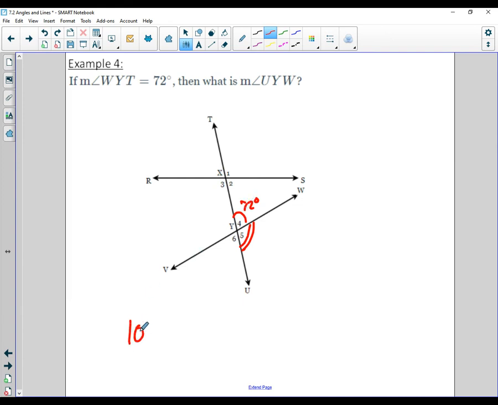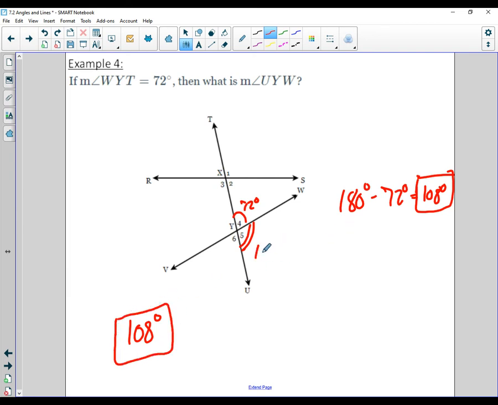I'm going to need 108. And the way to do that is if you do 180 degrees minus 72 degrees, you should get 108 degrees, because the whole line has to be 180.